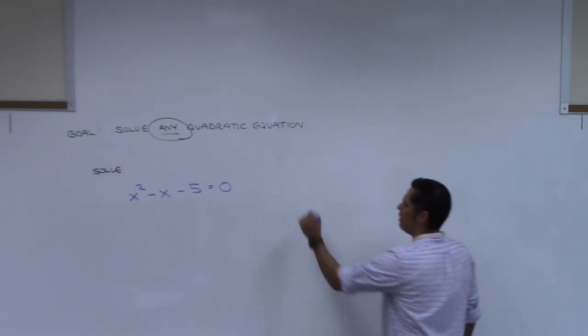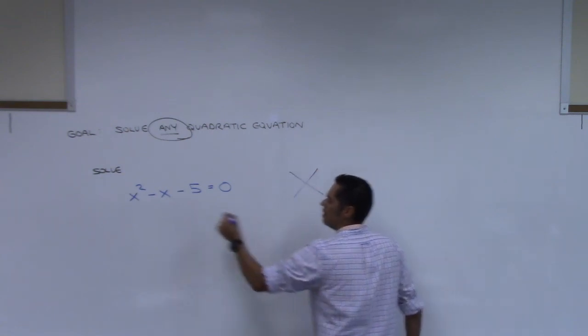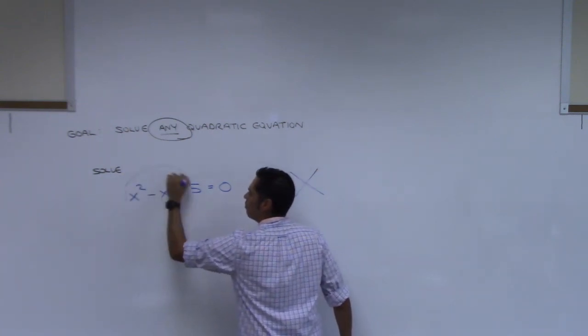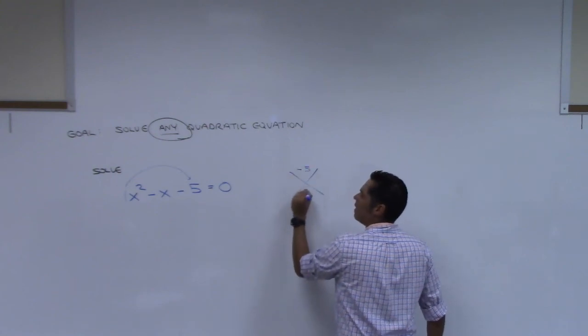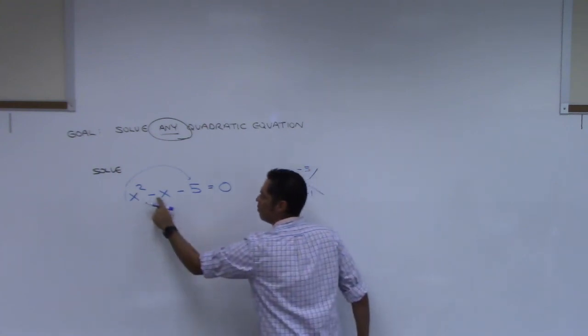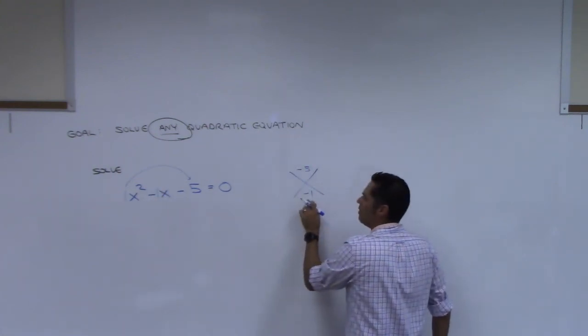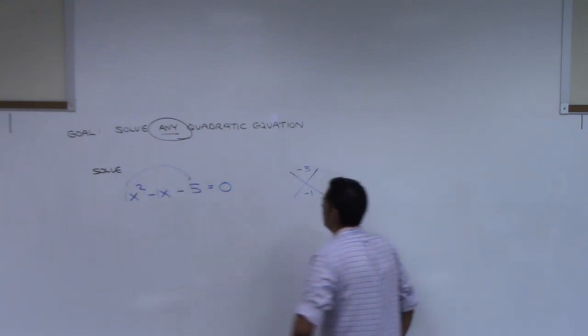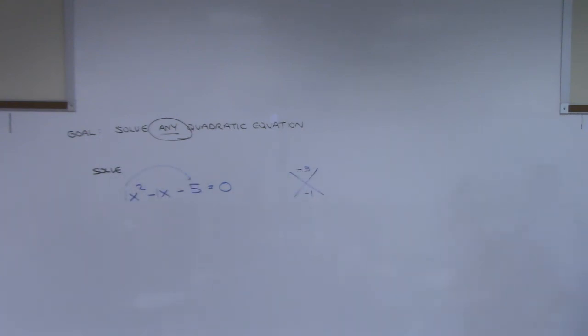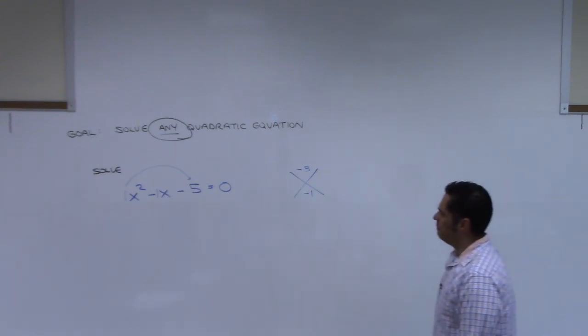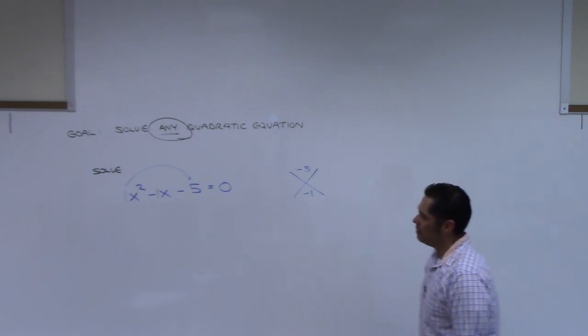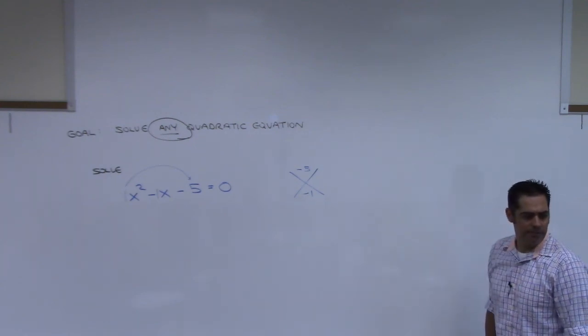Factoring, let's just do it real quick. Factoring would be negative 5 here and negative 1 there, right? Negative 1 would be from this one, and then negative 5 would come from multiplying those two. Can you come up with two numbers that multiply to be negative 5 and add up to be negative 1? Don't think that's happening. So you're left with the quadratic formula.